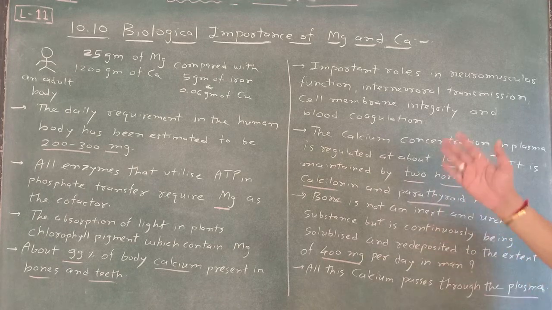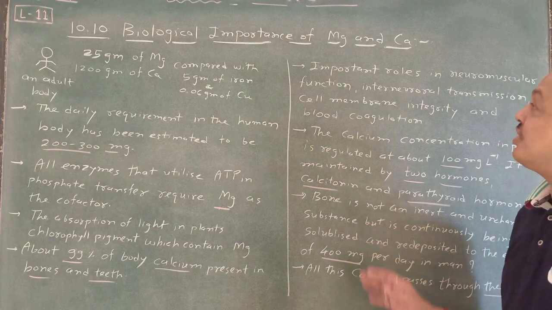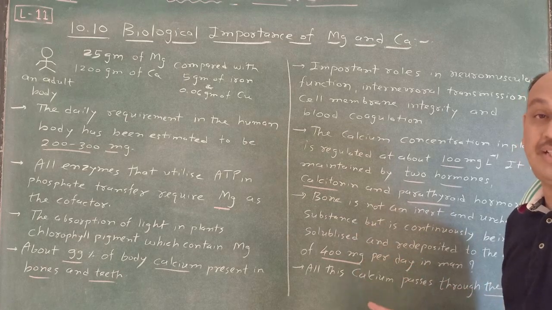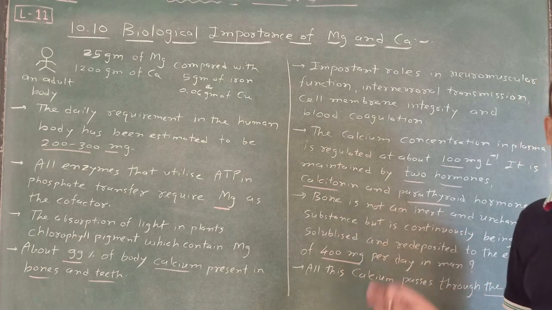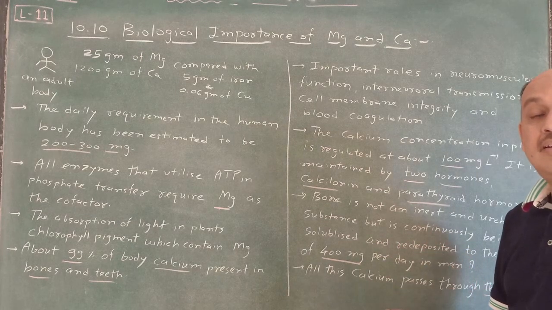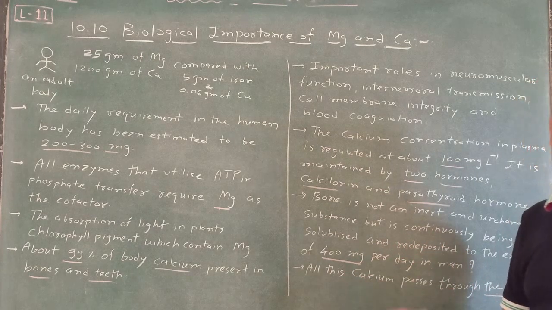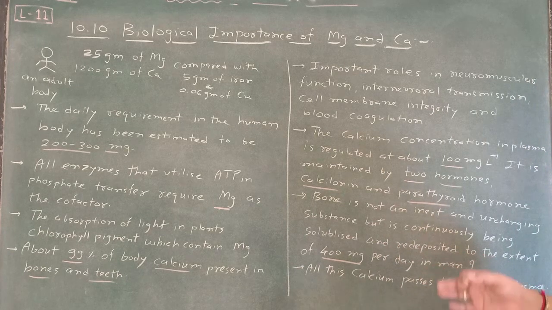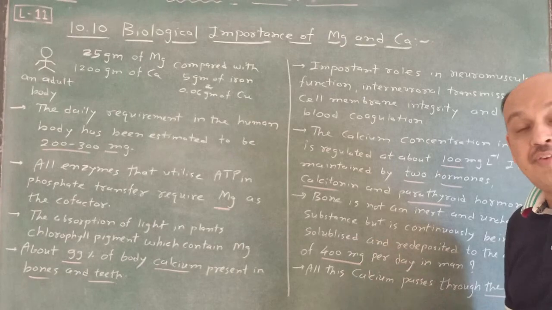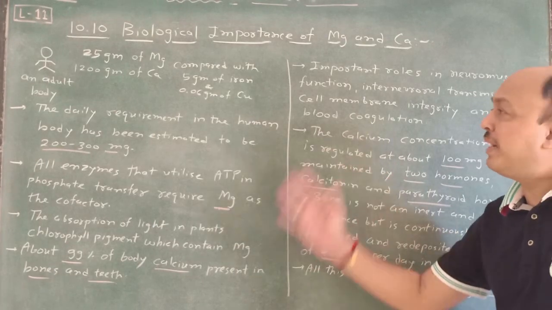Now we complete this chapter, unit 10, S block elements. Here we finish S block elements, with alkali metals and alkaline earth metals with respect to their properties, and different types of compounds and anomalous behavior. You have to remember many things.